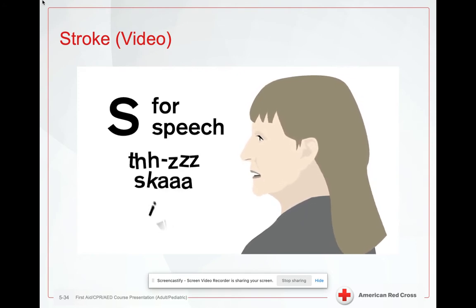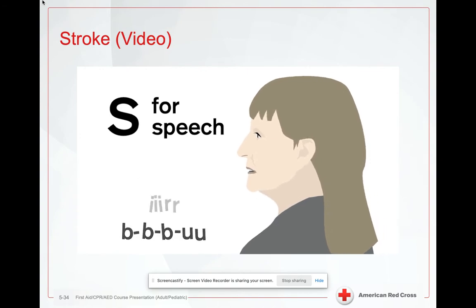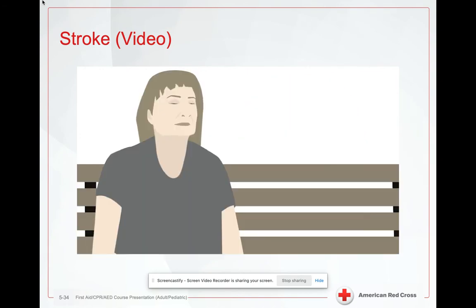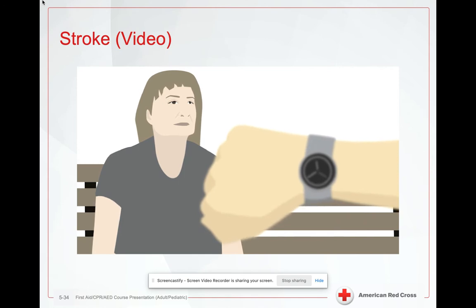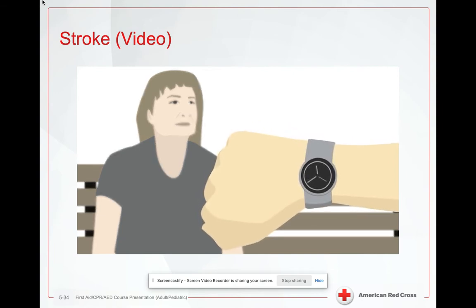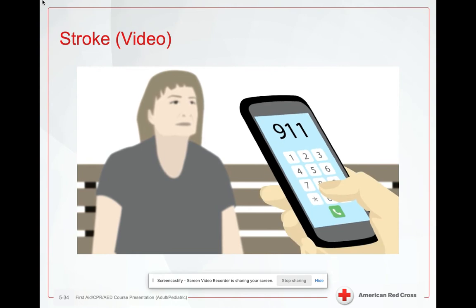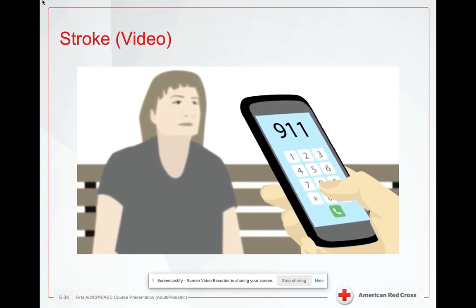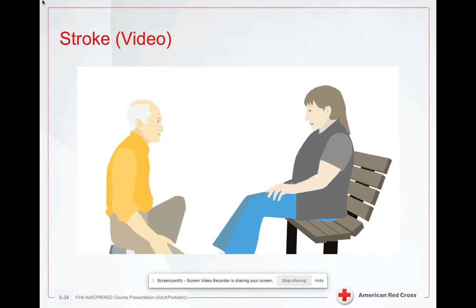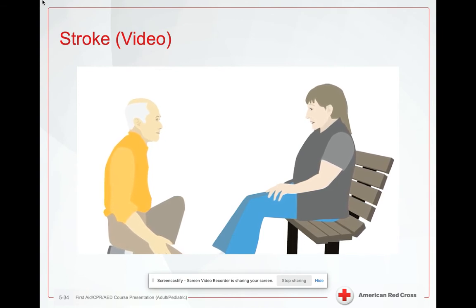Does the person have trouble speaking, or are the words slurred? T equals time. If the person has trouble performing any of these actions, or shows any other signs and symptoms of a stroke, note the time that the signs and symptoms started and call 911 or the designated emergency number immediately. When a person is having a stroke, every minute counts, so act fast.